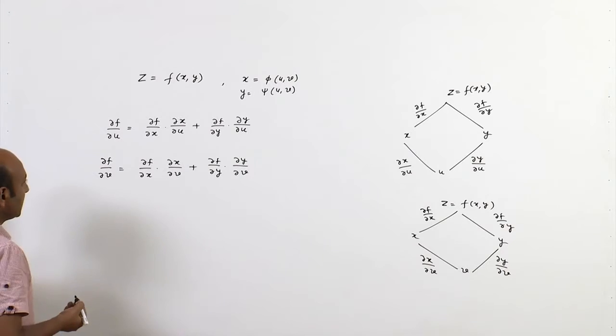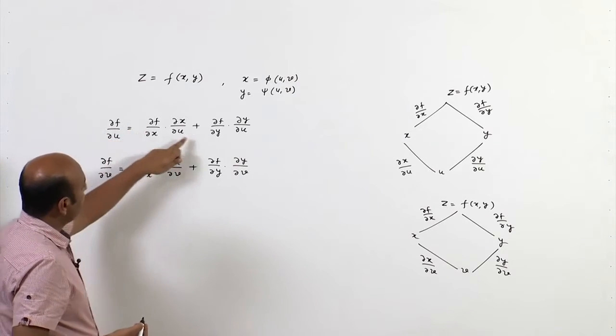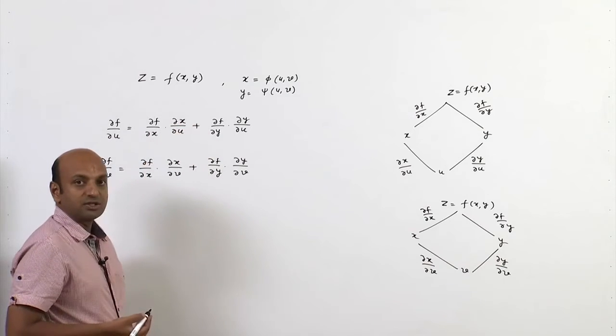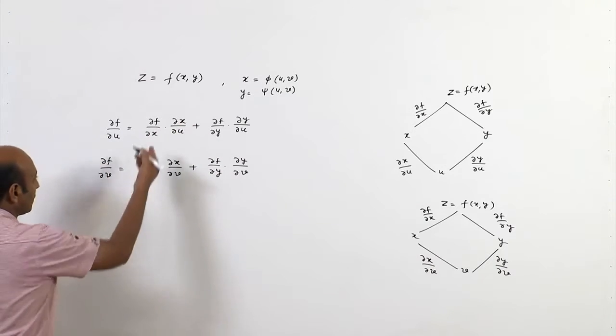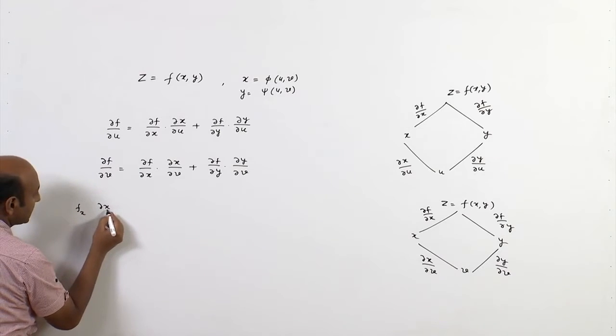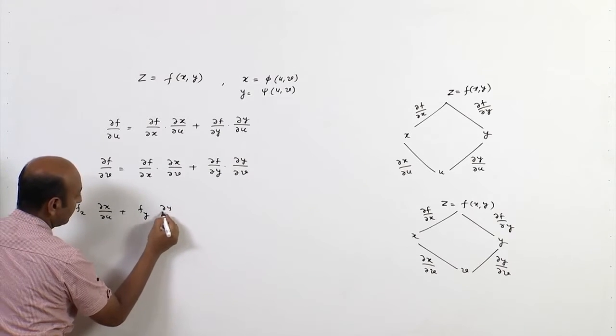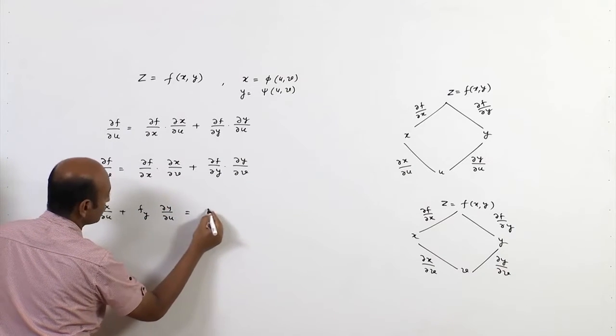Now let us compute del f by del x and del f by del y from these two equations. What are the equations we have here? The first equation is f x into del x by del u plus f y into del y by del u is equal to f u.